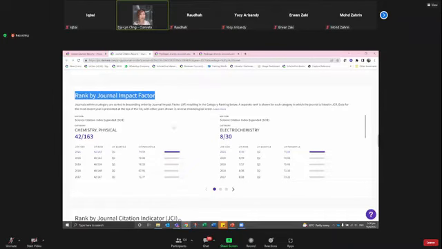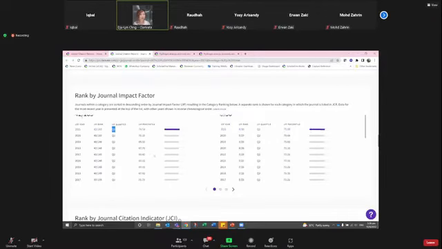This is the quartile that is always referred to by MyRA currently. So MOHE, MyRA, all the evaluation bodies within Malaysia are currently using the JIF quartile as a form of measurement and recognition. So when we talk about quartiles in this context, it's always the JIF quartile.